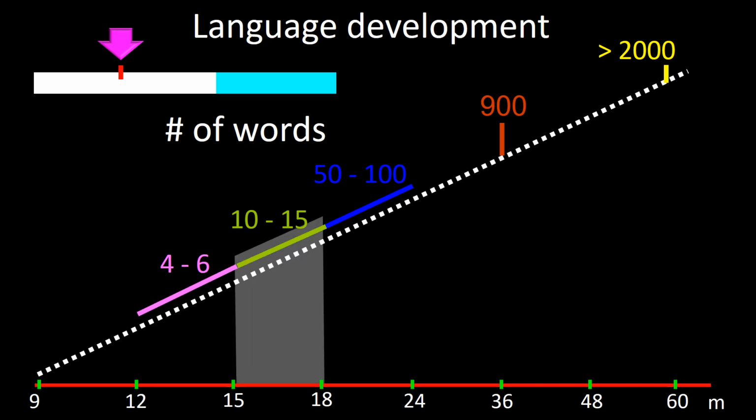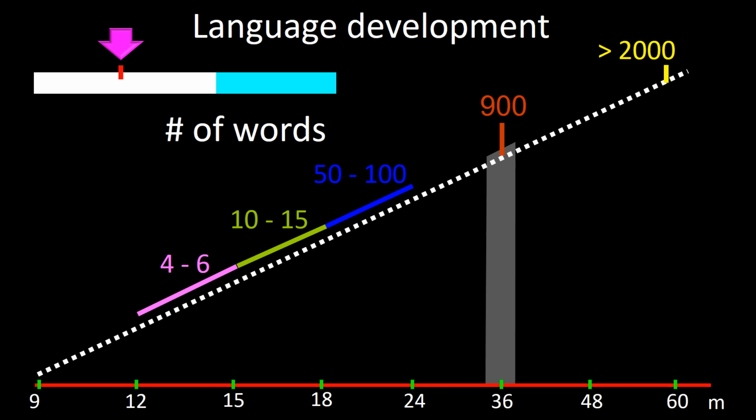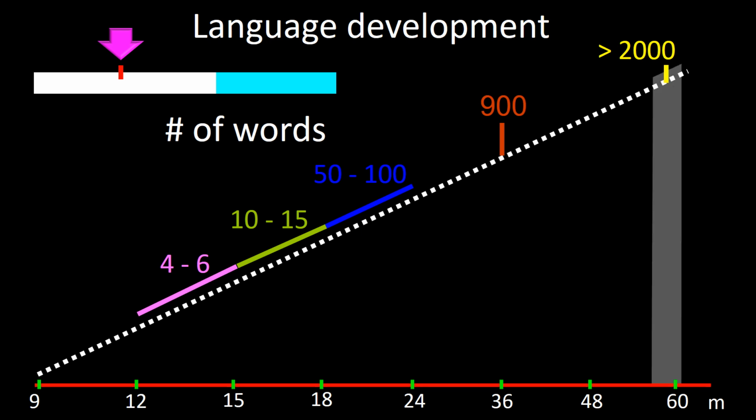From about 15 to 18 months of age, half of the children should be able to say and precisely use 10 to 15 words. From age 18 to 24 months of age, half the children should be able to say and precisely use 50 to 100 words. By 3 years, about 900 words. By 5 years, over 2,000 words.